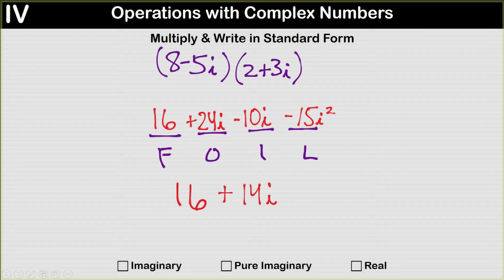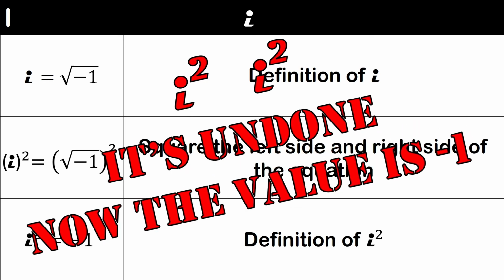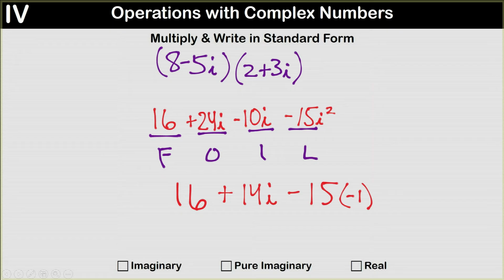And our last part, negative 15i squared, is negative 15 times negative 1. I squared is undone. Now the value's negative 1. So we have 16 plus 14i, and then negative 15 times negative 1 is positive 15.